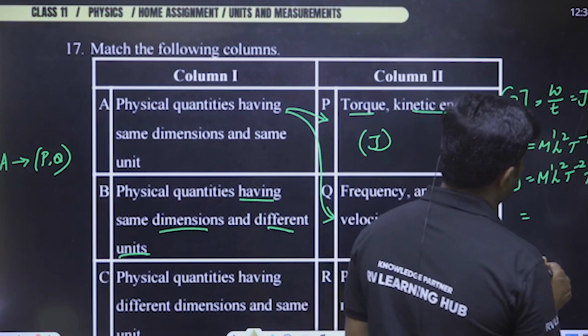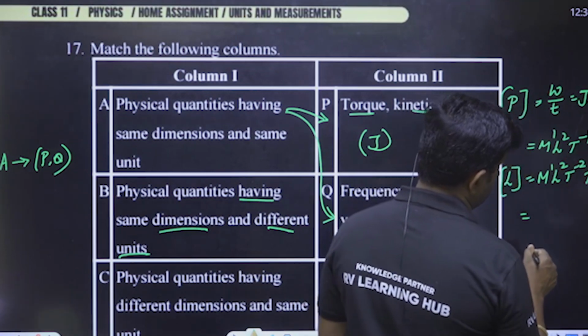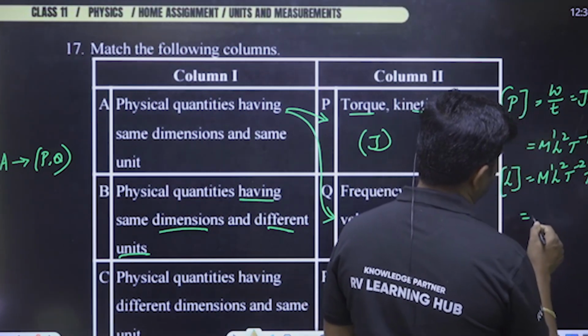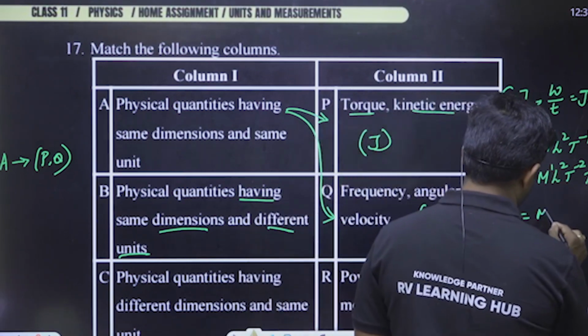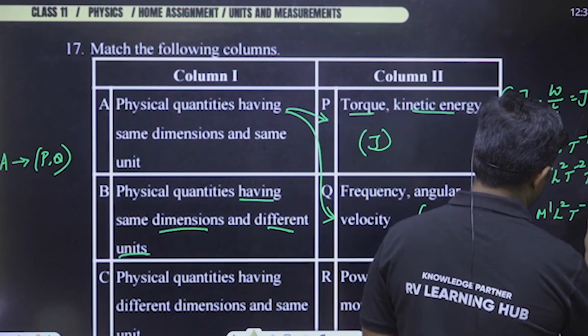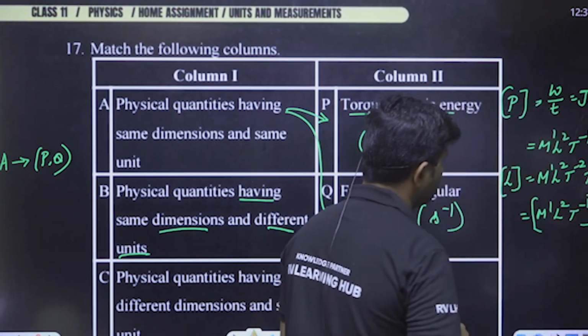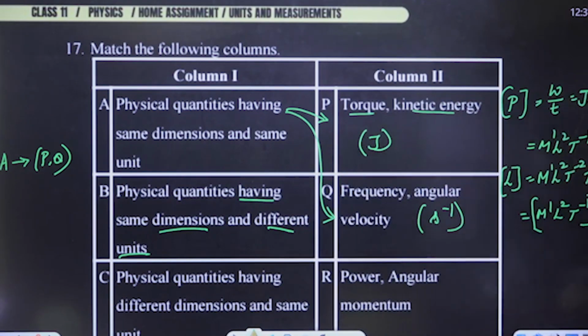If you do simplification, you will get joule per second, that is M power 1, L power 2, T power minus 1. Is it right? Power and angular momentum.